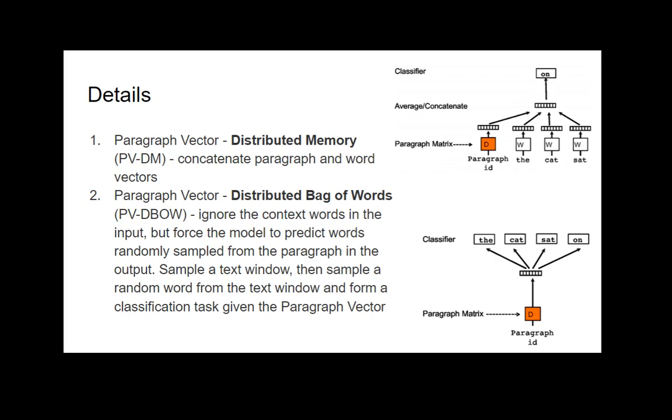You take the paragraph number, you do 1 hot encoding, you sample a random window, and sample some random words from this window. And you try to predict that if you get this number of paragraph, you got these probabilities of these words. Again, unsupervised manner, you have the text, you take the paragraph, you sample some words from this paragraph, and you predict by the number of paragraph these words in the context. Both of them, again, can be parallelized, that's why it can be trained in some distributed systems.